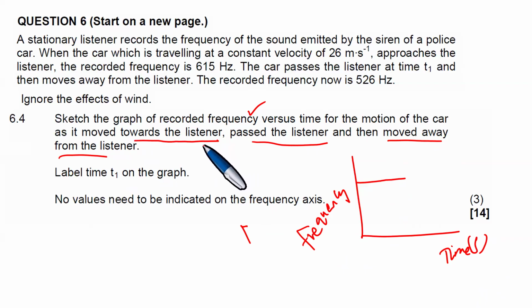As it moves towards the listener, the frequency is some constant value. By the time it passes the listener, before it moves away from the listener, there's a drop. And then it actually moves away from the listener. So this would be the frequency in hertz versus time. When it moves towards the listener, the frequency is constant, and when it passes the listener, there's a drop. It moves away from the listener, then there's a drop again.